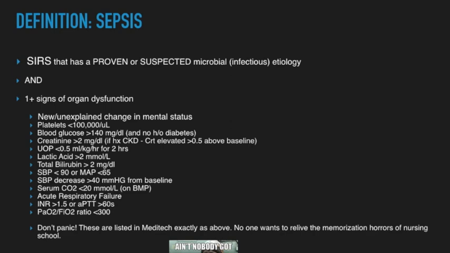I know you have probably seen this already, but these criteria are already listed in Meditech for you in your charting, so I listed them here exactly how they appear in Meditech. Don't feel like you have to memorize them. I think it's really important to become familiar with them, especially when you're assessing your patient and getting used to recognizing the signs. So once again, sepsis is SIRS with a proven or suspected microbial etiology and a sign of organ dysfunction.